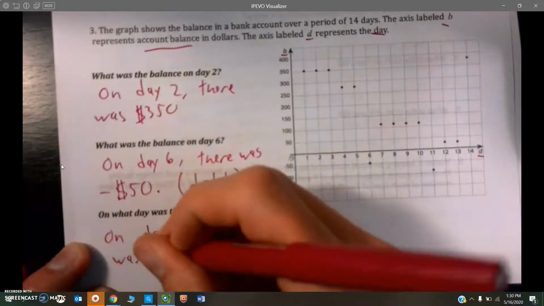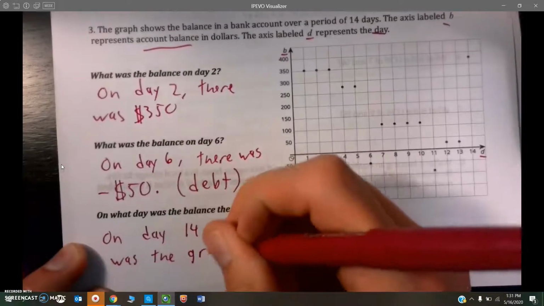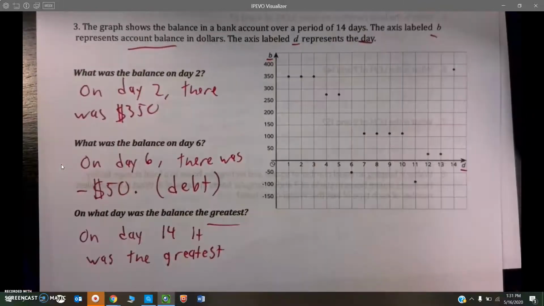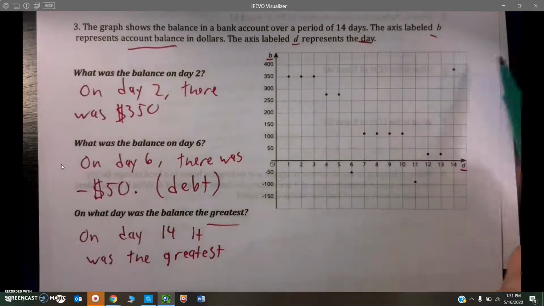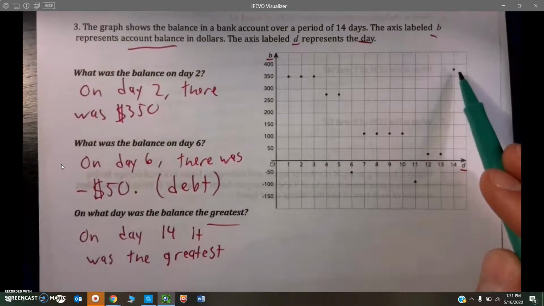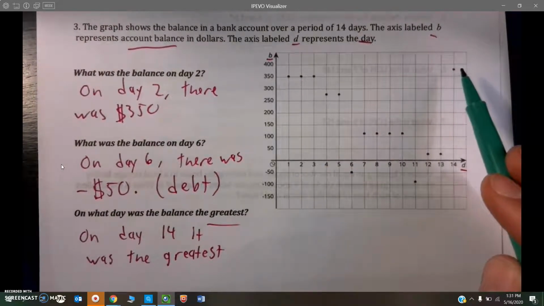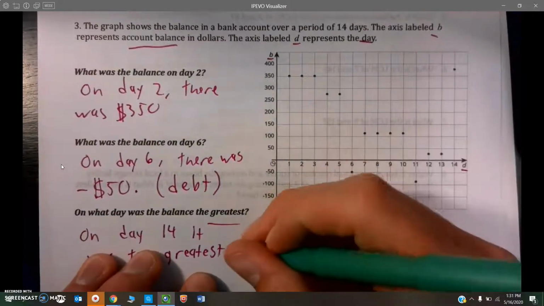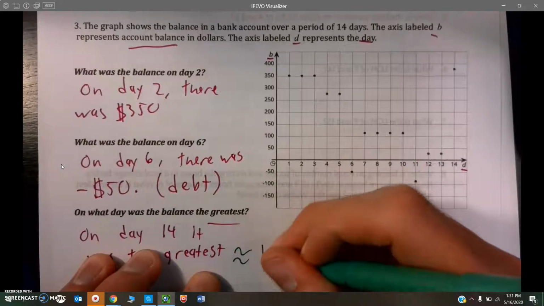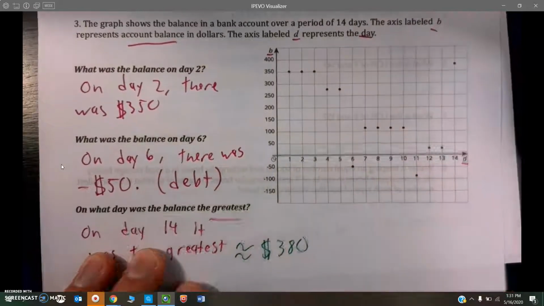On day 14, it was the greatest. And it looks like it was, so here's 350, here's 400. It looks like maybe it's a little bit more than halfway. So halfway would be about 375. I'm going to say about $380.